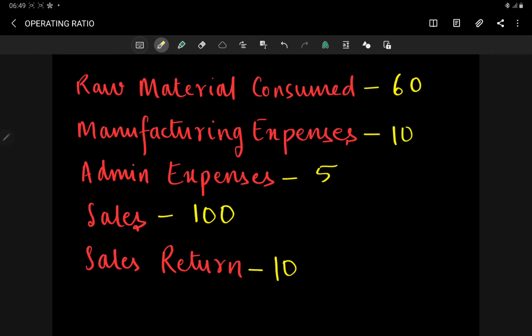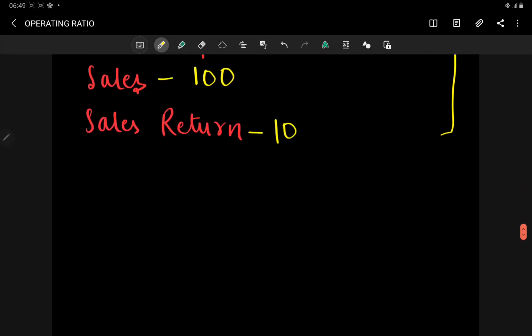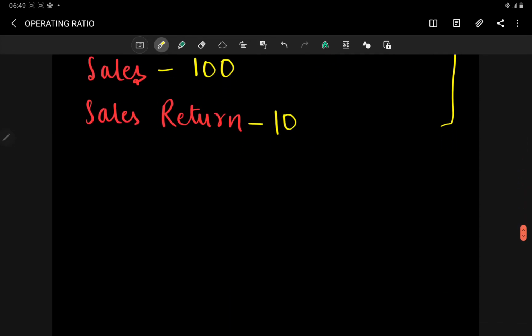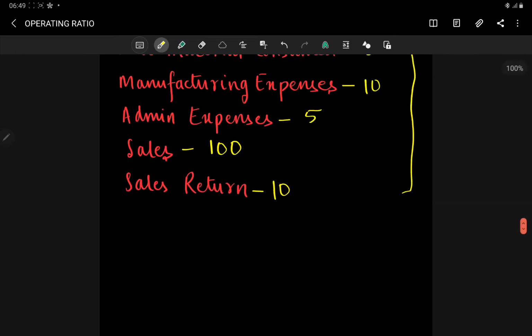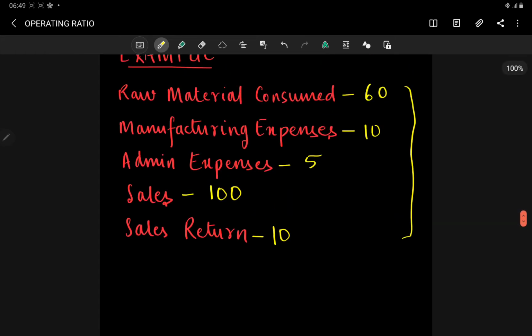This you will come across when you are appraising a proposal. Suppose this is the data given to you in the proposal. You need to calculate the operating cost, and ultimately the operating ratio. First, we will understand the operating cost for this.